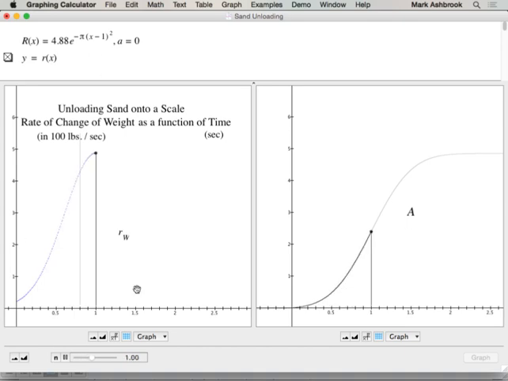Now the scale might not be right. So this scale and this text up here is all based on this particular rate function, the stand unloading. But your file should work if you change the rate function to something else. It should generate an approximate rate function that works, and the according approximate accumulation function. Other question?